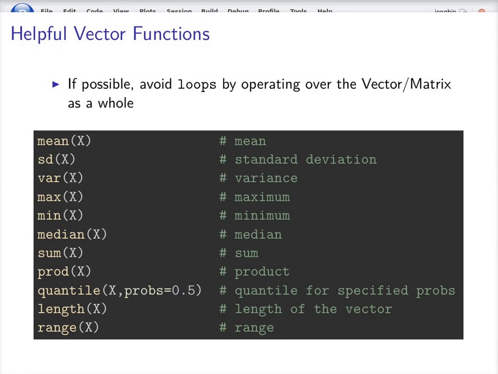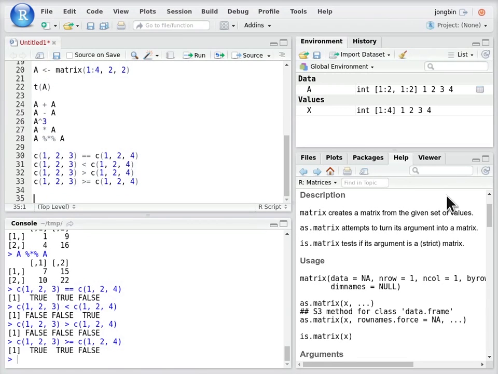The thing in R is to avoid for loops whenever possible. For example, if you want to get the mean of a vector, the compulsion in other languages is to do something like this.